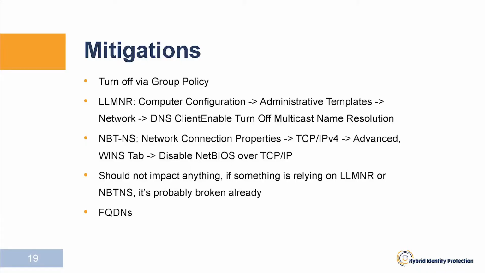So what are the mitigations for this? Well, you can turn it off via group policy, because the whole thing about this attack is that both of these methods, LLMNR and WPAD, are enabled by default in group policy. To turn off LLMNR, there's the path there. NBT-NS is the fallback from LLMNR, so you can disable that as well.